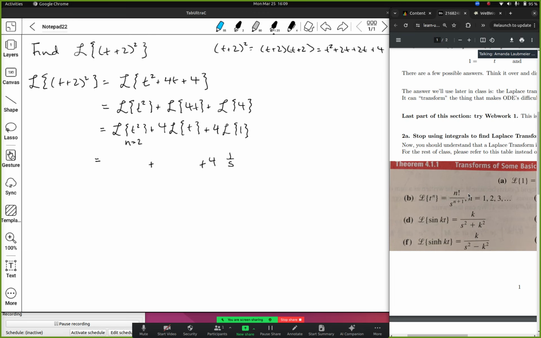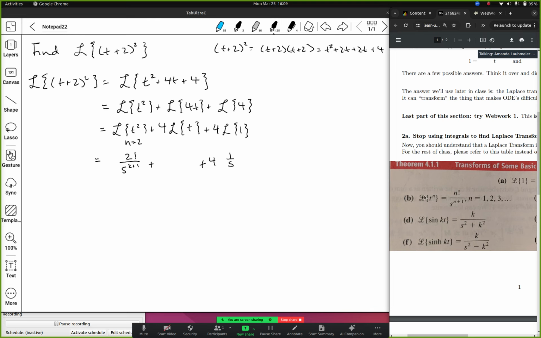So I've got t squared, t to the second power. And so following this formula, I'm just going to do 2 factorial over s to the 2 plus 1. So you just look at the power of t, whatever n you've got, put factorial on top, and then divide by s to 1 more power than that.